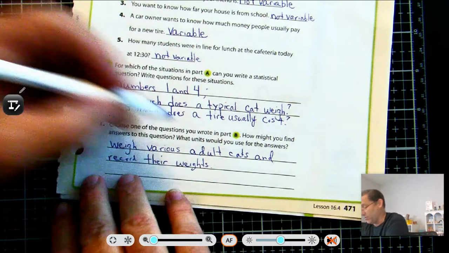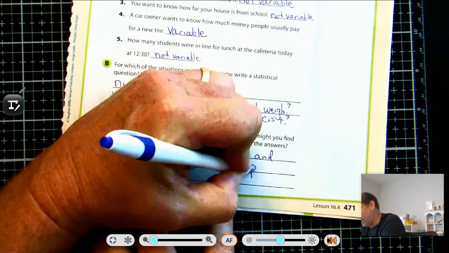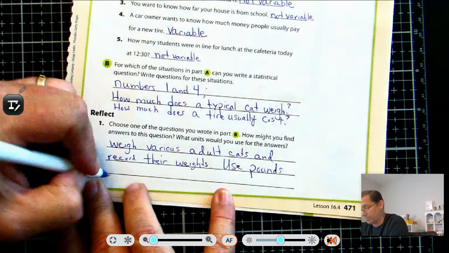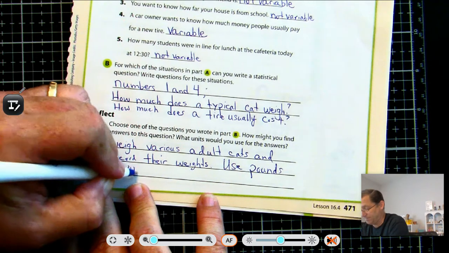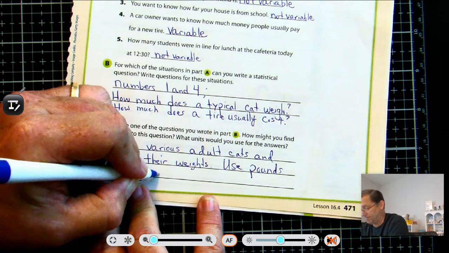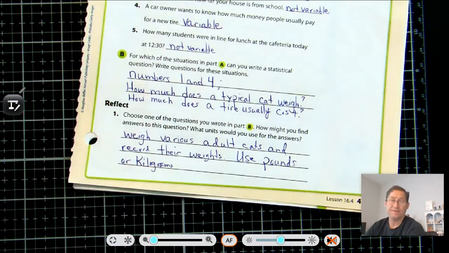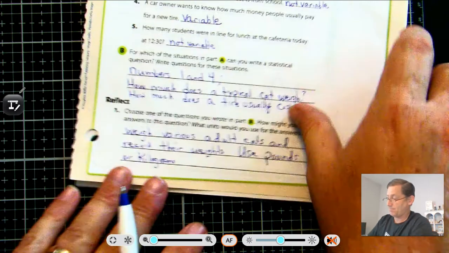I suppose we could use pounds or kilograms to record the information. Right?